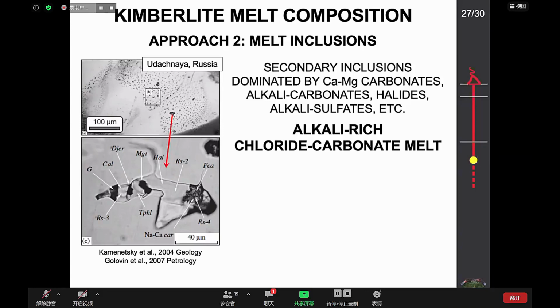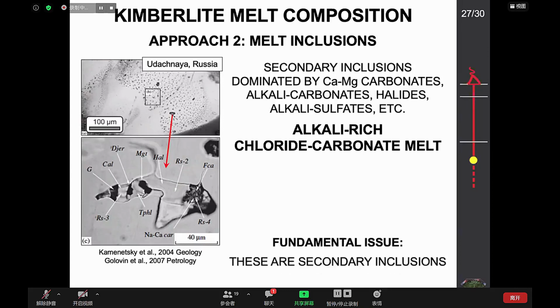What they found is that these inclusions are dominated by carbonates, both dolomite, calcite, and magnesite, but also alkali carbonates, halides, alkali sulfates, and a bunch of other quite awkward minerals, especially for a magmatic environment. So they inferred that these secondary fluid inclusions trap an alkali-rich chloride carbonate melt component. And from there, they went on speculating that the primary melt composition is also an alkali carbonate-rich melt.